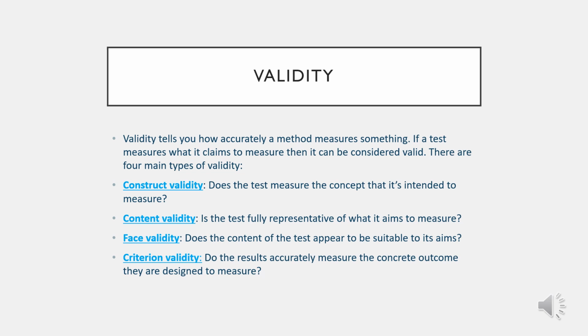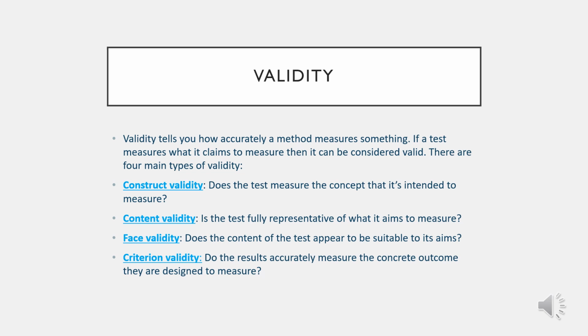So we also need to look at the content validity. Is the test fully representative of what it's aiming to measure? We might have a memory test that is only looking at recognition memory, or is only looking at visual memory or memory for faces. That tells us something about memory for faces, but it doesn't tell us anything about overall memory or the person's ability to remember things from their autobiographical past.